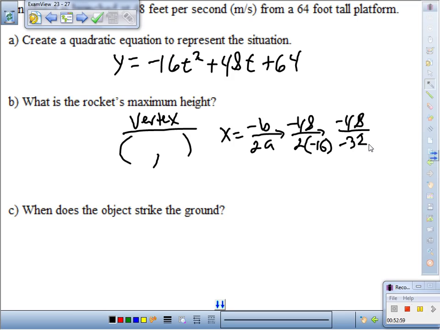Can we simplify that, guys? Yes, this is a positive. How many times does this fit in there? Once. And we have how many left over? 16 32nds, which is 1/2. So therefore this is 1.5.